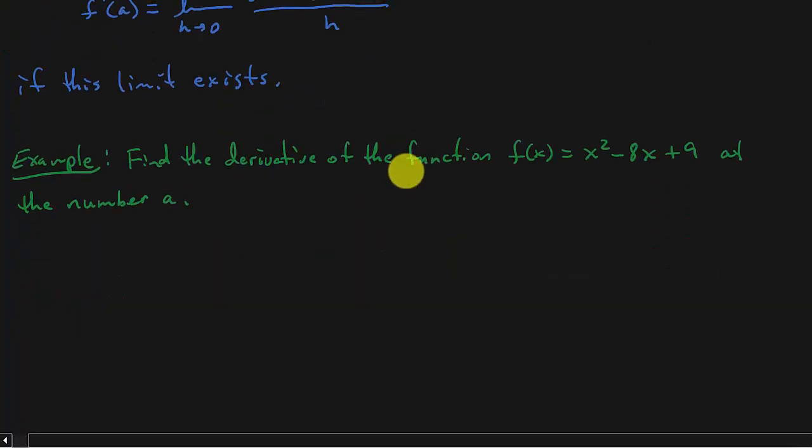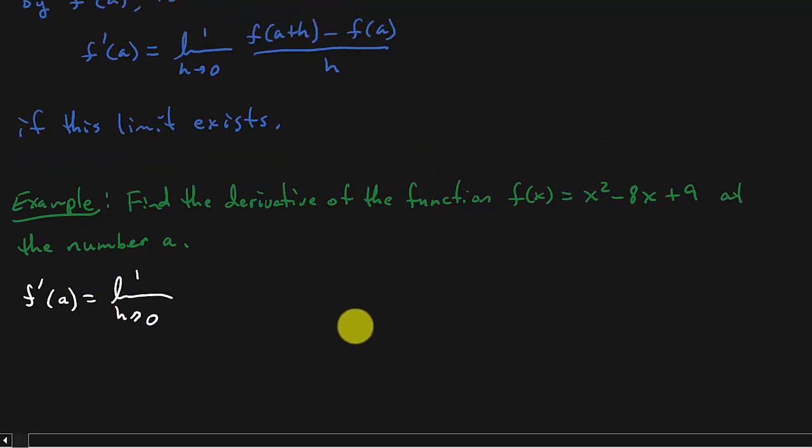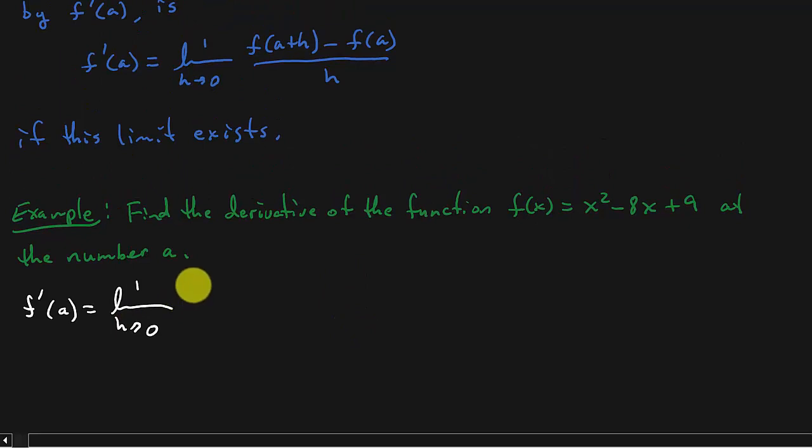So I've got f prime of a is equal to the limit as h goes to 0 of f of a plus h minus f of a, all that over h. That's what we're looking for. So let's see what we get.